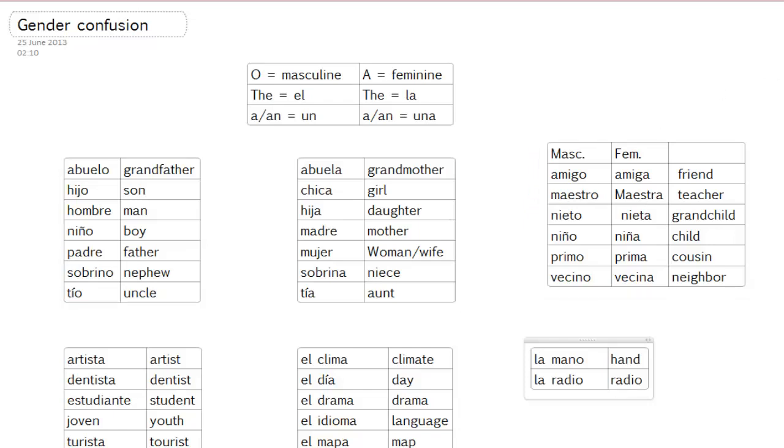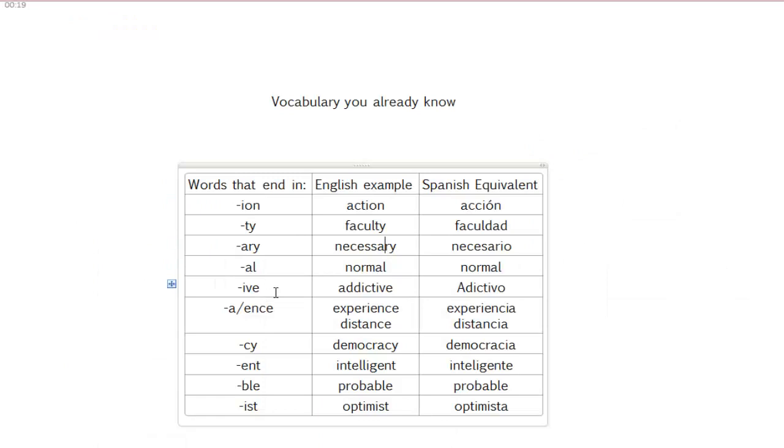I mean, if you remember a vocabulary that you already knew, we told you that these words, ion, always are feminine. Okay? And these are always feminine. This is different. They're adjectives, so you can't use that. And that. I think these are feminine as well.